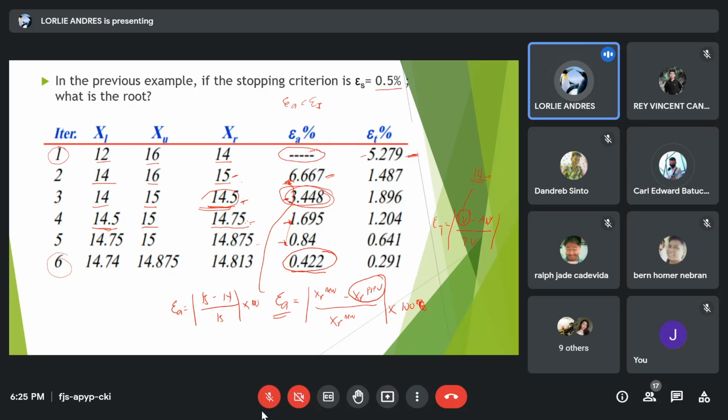I-follow lang ninyo katong algorithm. And then, himoan siya og table, para mas makita ninyo kung unsa iyahang bali. Sa kato lang graphical solution, kadto need ka mag-graph. Pero pag nag-bisection method ka, sa false position method, and dito sa open method, no need na siya mag-graph.